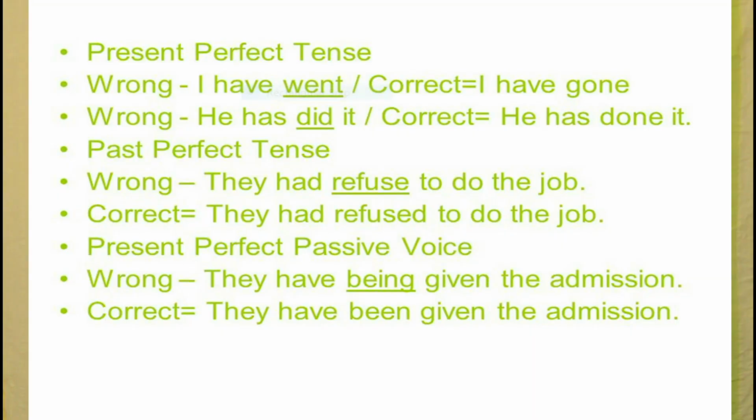Okay, so that is how we indicate our actions in terms of time with reference to time. Now, I've given a detailed slide on different forms of perfect: present perfect, past perfect, and present perfect passive. So, I have went somewhere. Again, like we said, you don't really have to use the perfect form. You can simply use I have gone or I went. If we bring in perfect form, the verb actually changes.